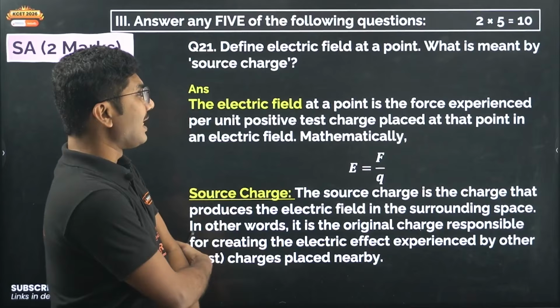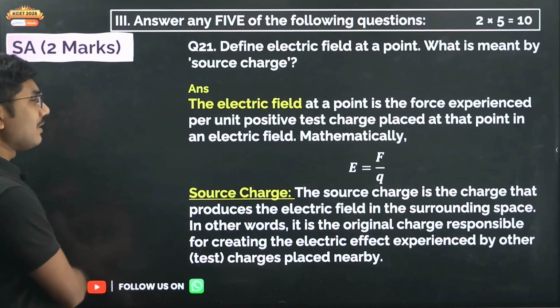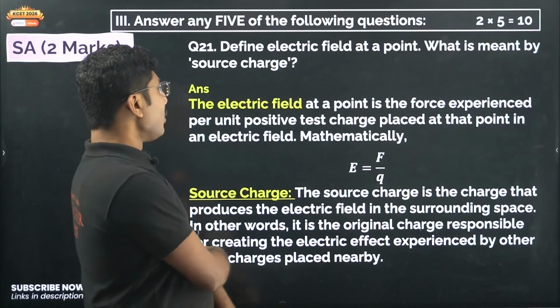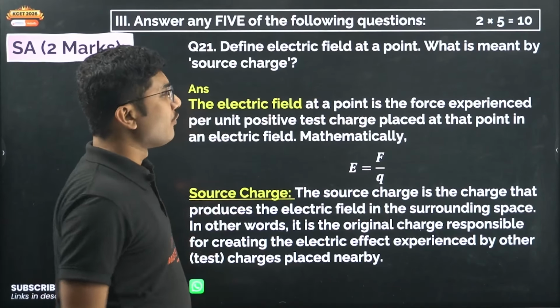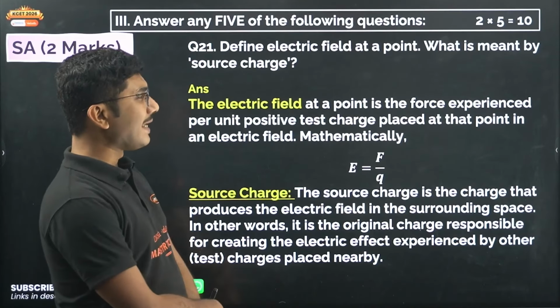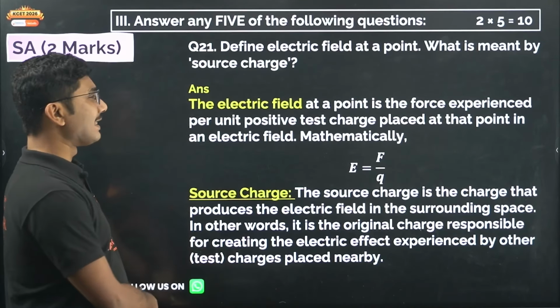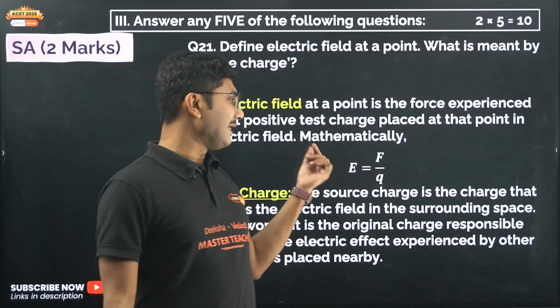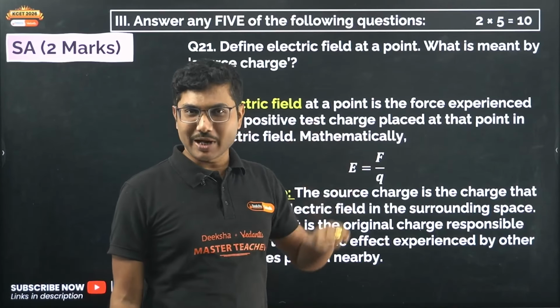Define the electric field at a point. What is meant by source charge? The electric field at a point is the force experienced per unit positive test charge placed at that point in an electric field. Mathematically, electric field is force divided by charge.